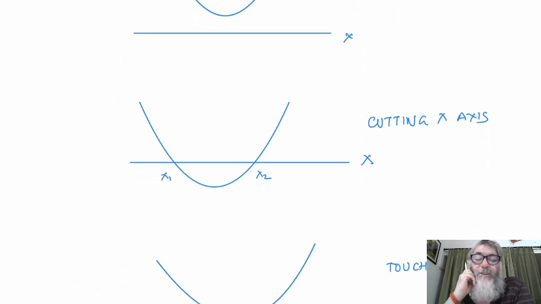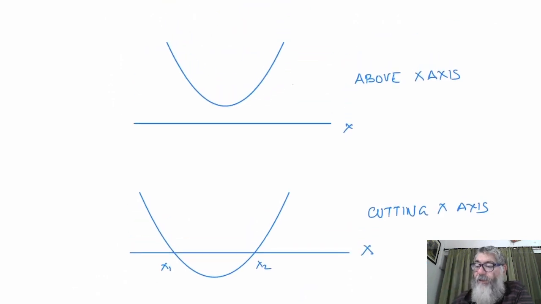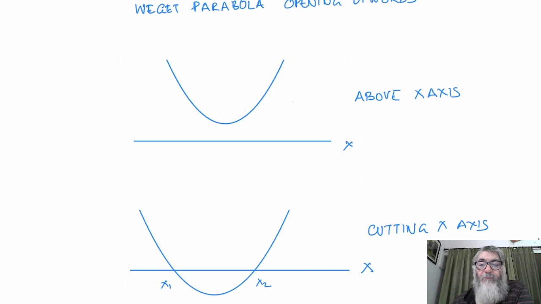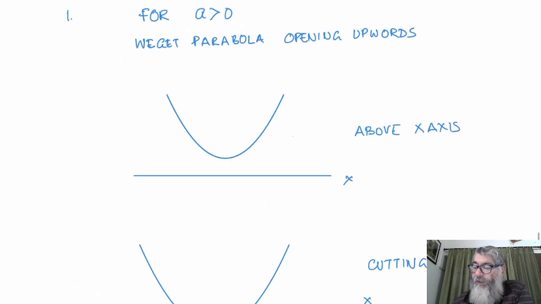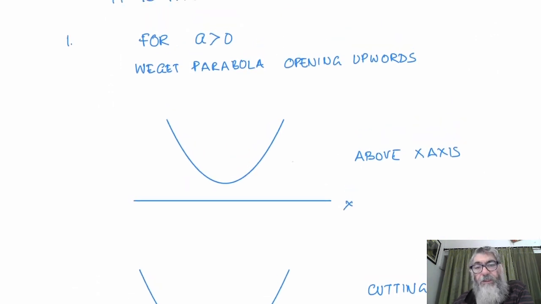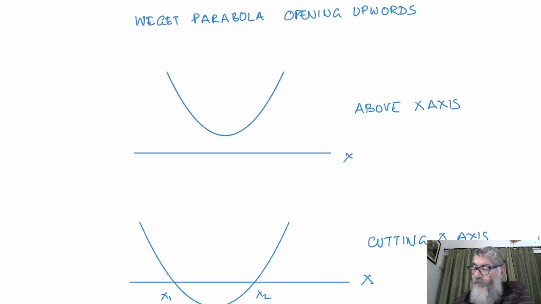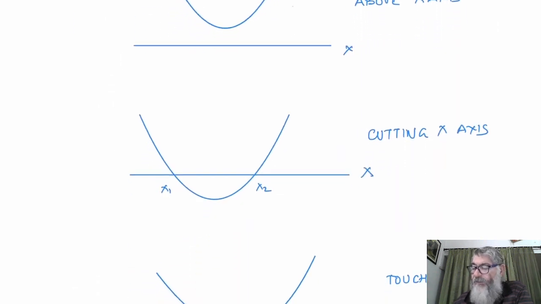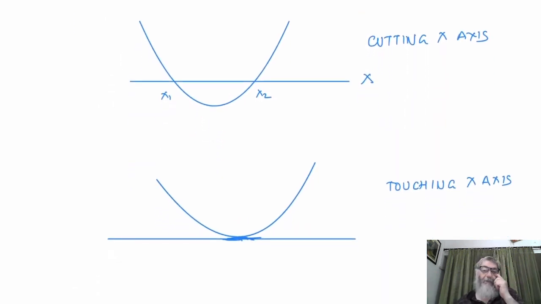There are three cases which can happen with the same kind of a parabola opening upward. All three parabolas are opening upward. Opening upward means it should have a greater than 0. If a is greater than 0, then this is opening upward. And there are three possible cases I'm showing. One is it is above x-axis, it doesn't touch or cut x-axis. In the second case, it is cutting x-axis. In the third case, it is touching the x-axis.